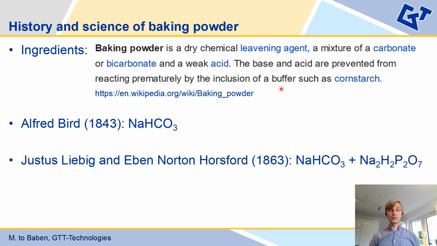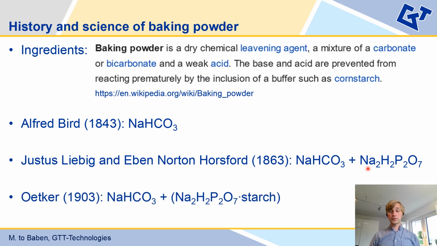Then Justus Liebig at Gießen University and Eben Norton Horsford at Harvard University refined this by adding a weak acid like this disodium pyrophosphate. That shifts the pH value from the basic regime into the acidic regime, and thereby you have a higher release of CO2.